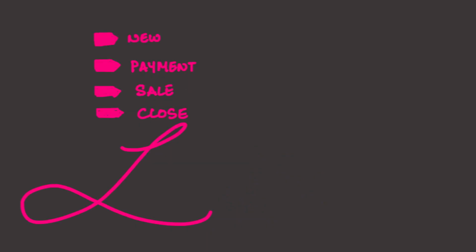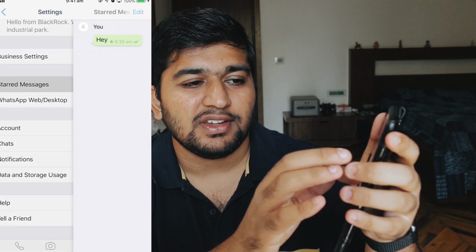Now the second one is the labels. Furthermore, you can star each message and have them stored in one place. If you go to starred messages, you can see all the messages that you have starred.